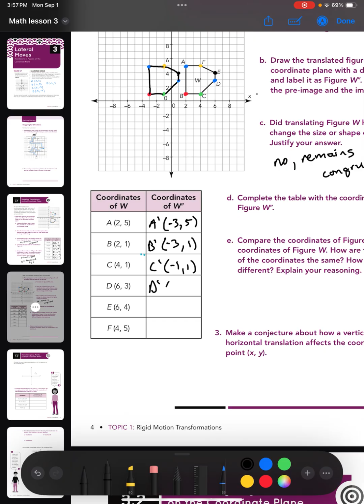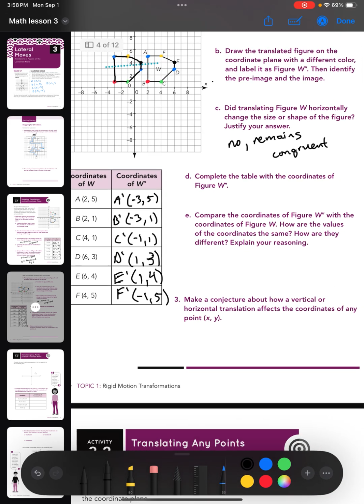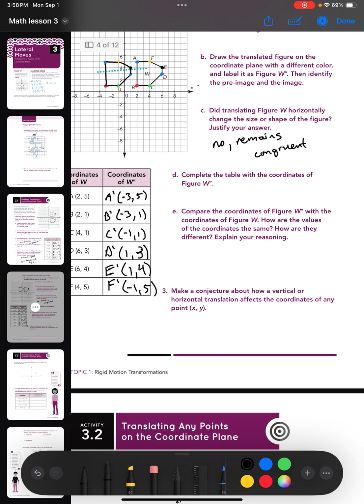Our new D value would be 3, 1. Our new E value would be at 1, 4. And then our new F value is at -1, 5. So there's our table with our new pairs with that translation 5 units to the left.